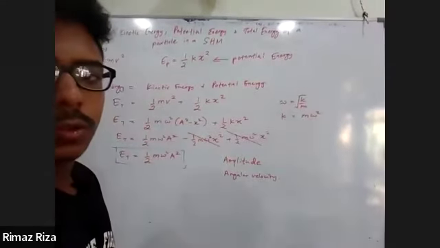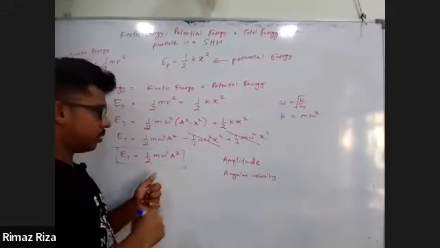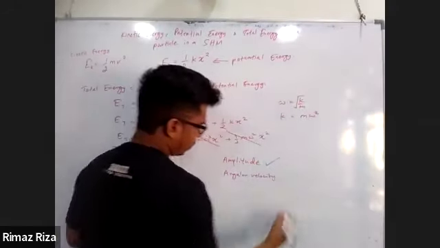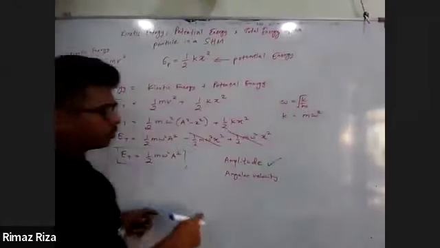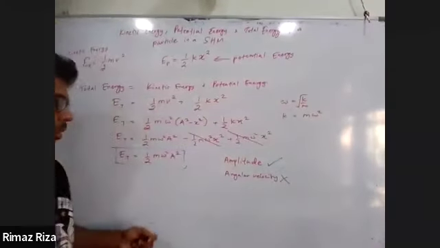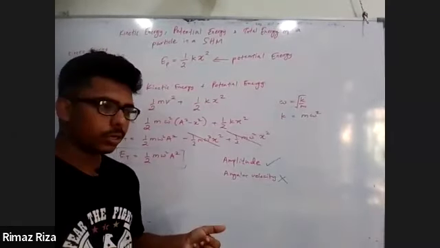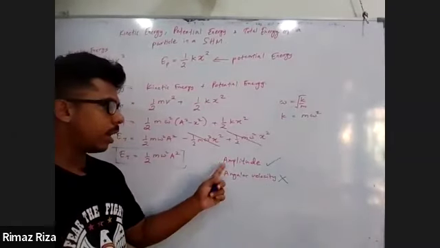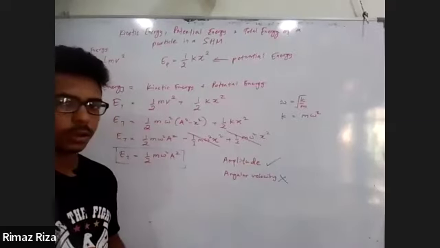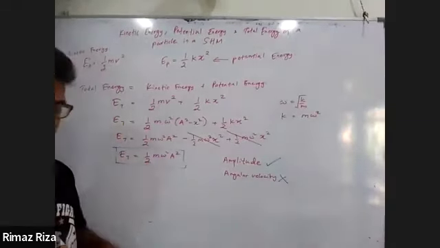Amplitude, yes, it is correct. Angular velocity, no, it's not. The energy of a simple harmonic motion only depends on amplitude, not angular velocity, not mass.